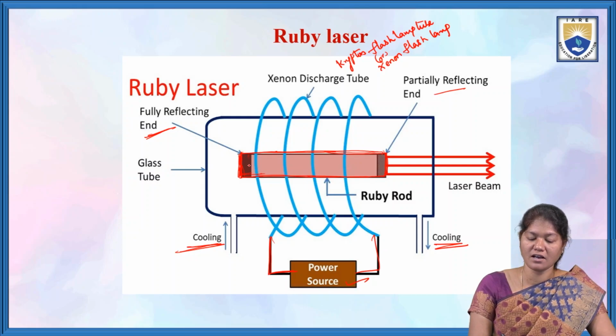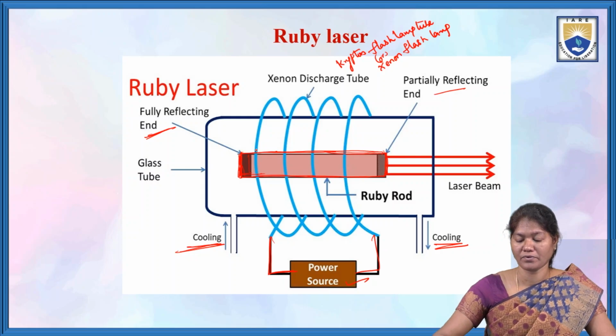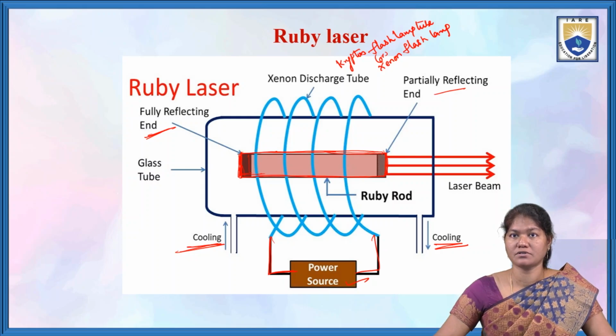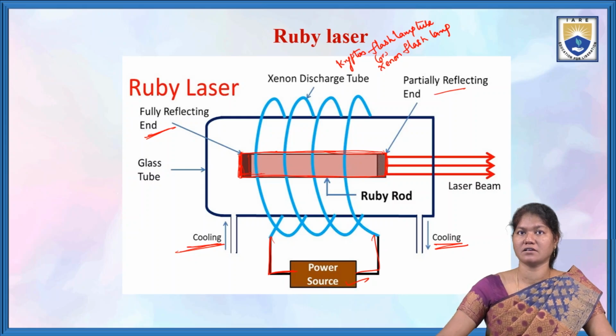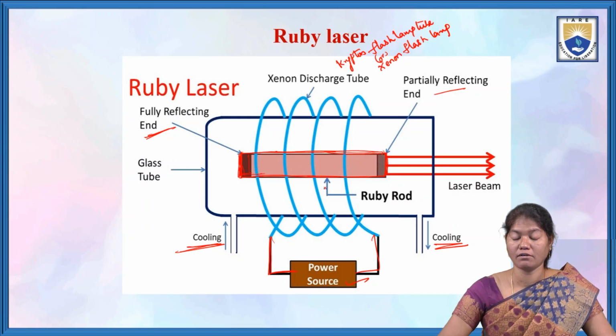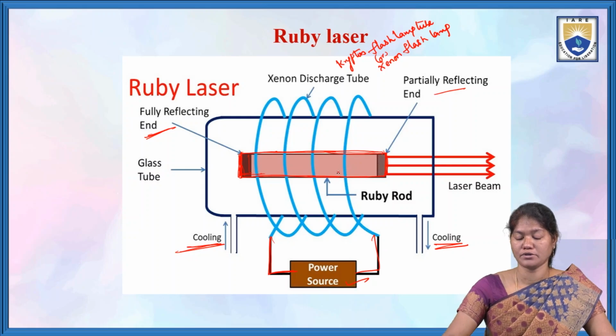So when there are enough excited atoms in the ruby rod, stimulated emission takes place in this ruby crystal rod. When a high amount of photons are emitted, they can come out through this partially reflecting end.